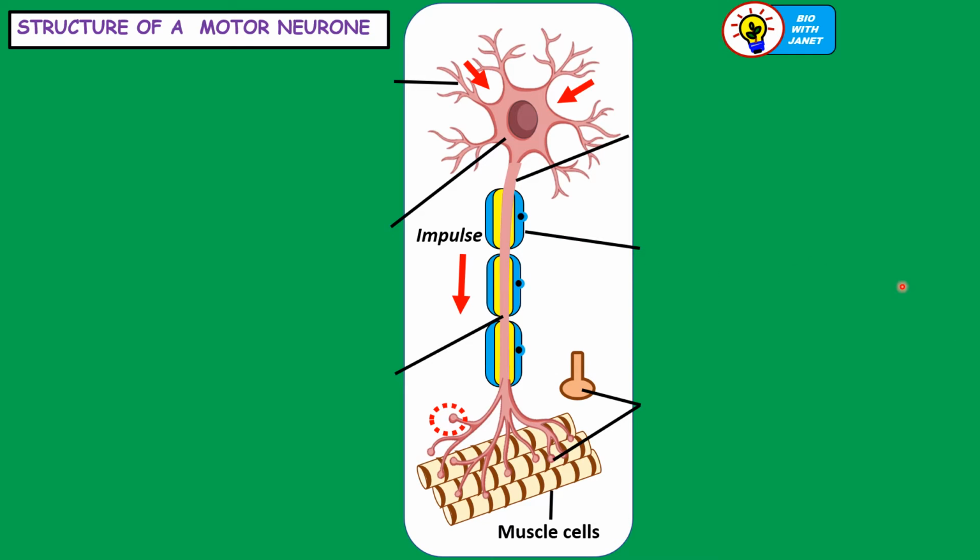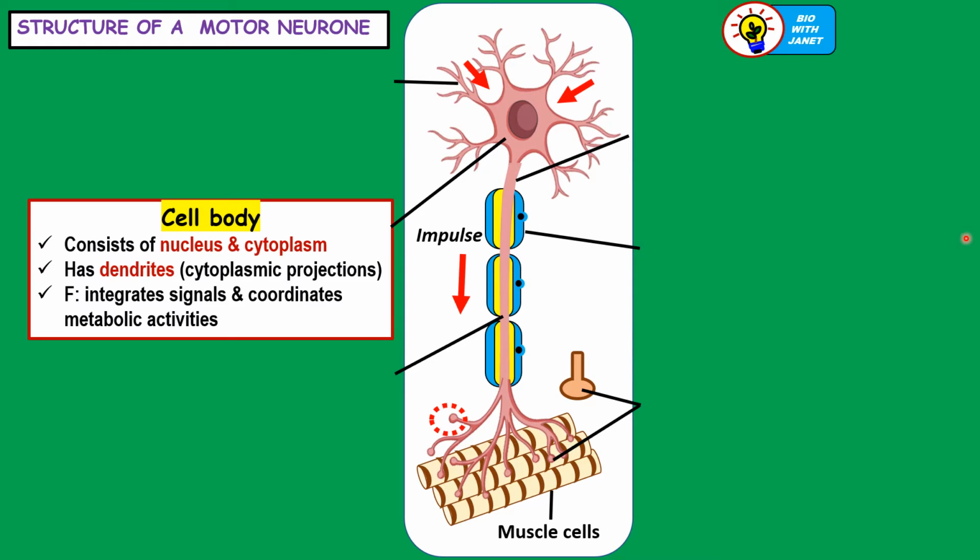Now first of all, motor neurons and all other neurons have a cell body. The cell body consists of the nucleus and the surrounding cytoplasm, and it has tiny projections sticking out, which we call dendrites.